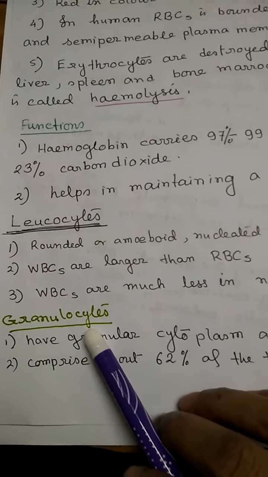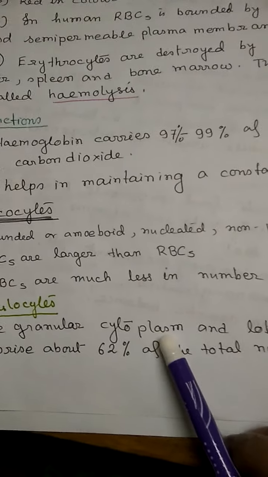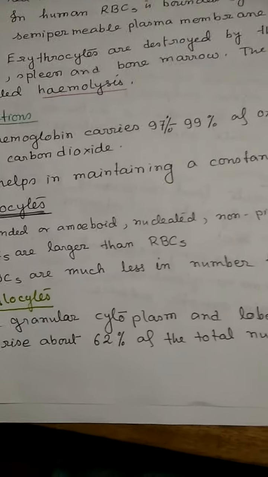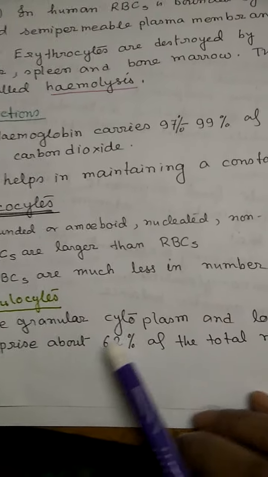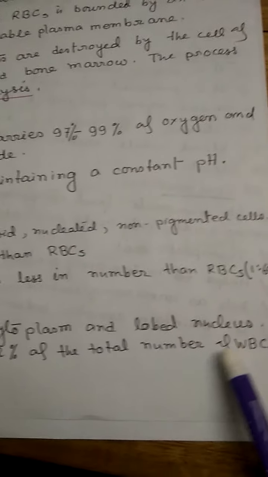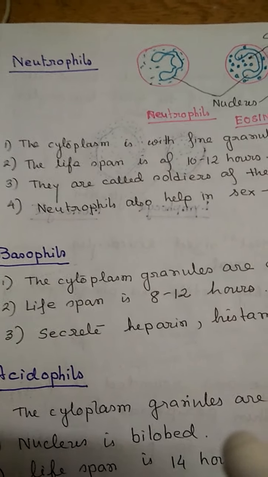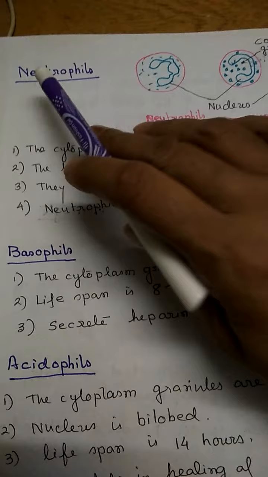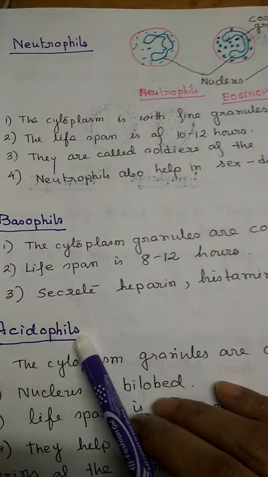First one, granulocytes. These granulocytes have granules in the cytoplasm and a lobed nucleus. I will show you the diagram, and they comprise about 62% of the total number of WBC. Now in case of granulocytes, again it is of three types: neutrophils, basophils, acidophils.